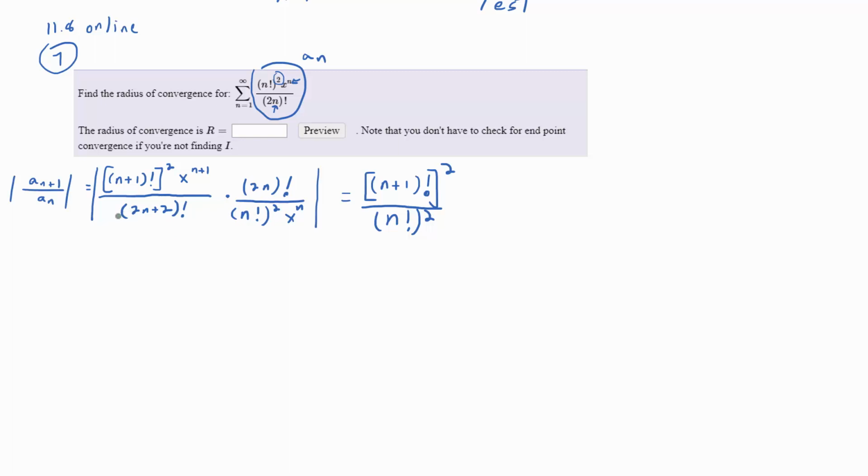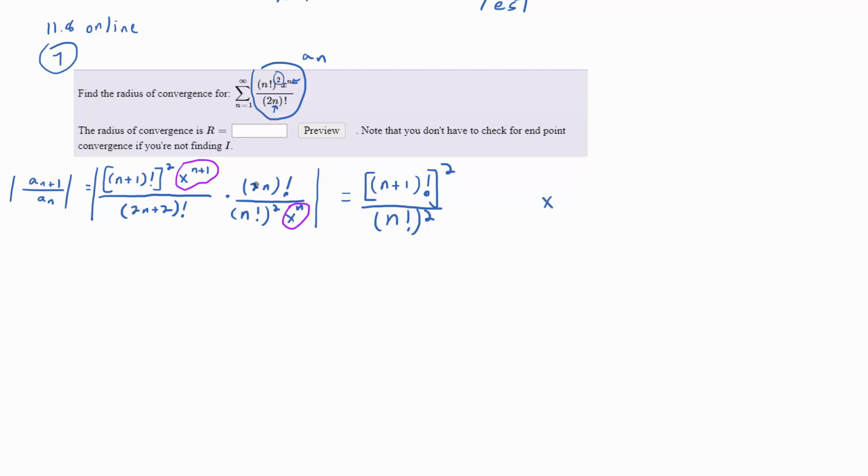And then let's go ahead and simplify the x^(n+1) divided by x^n. Does everybody see that that's just going to be x? Because you're dividing like bases, you keep the base, subtract the bottom exponent from the top exponent. So that's going to be x. I'll kind of put that on the end. And then what else do we have?